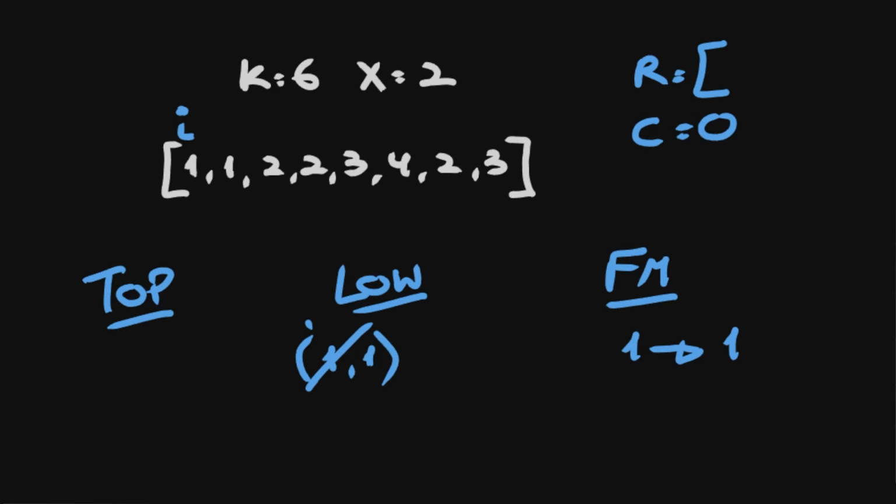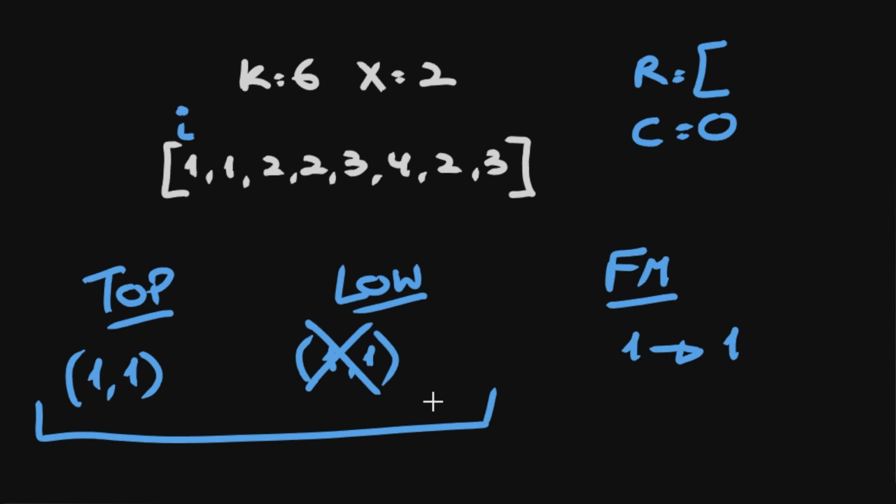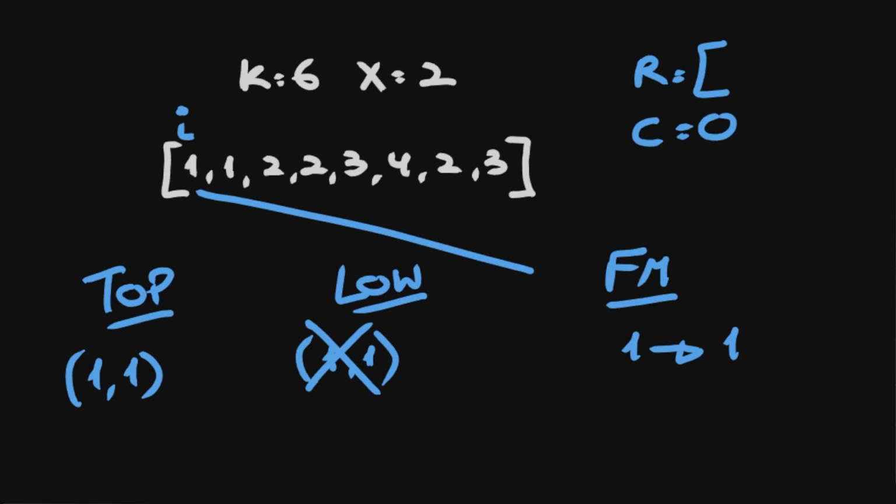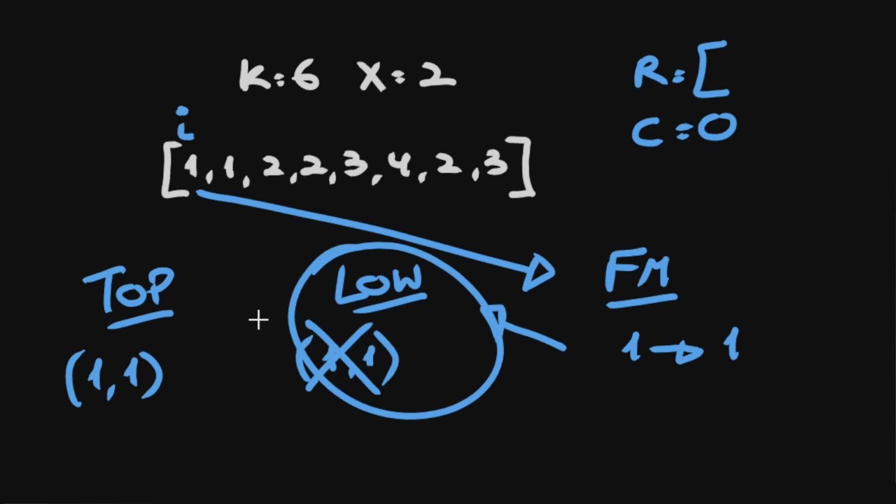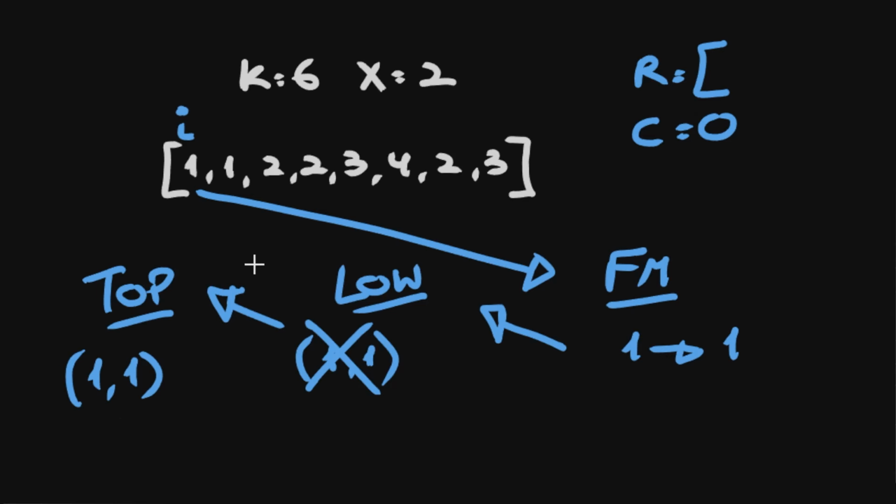So we remove this tuple from low and add the same to top. And by doing this, we are following a standard logic, which is we start from one element. We add the corresponding element to the frequency map. Then we add the corresponding element to low, and then from low we update top if necessary. And of course we remove the corresponding information from low if necessary.